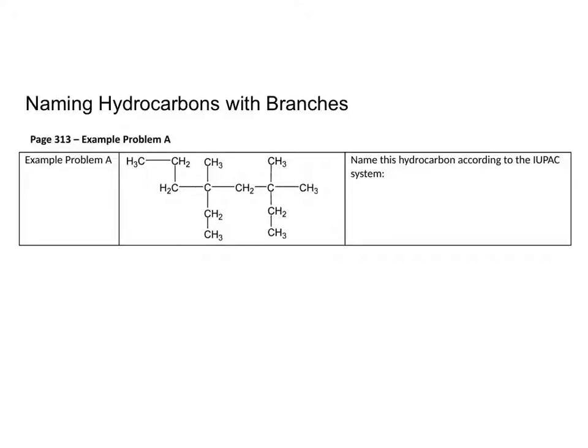So in this case, if I went 1, 2, 3, 4, 5, 6, 1, 2, 3, 4, 5, 6 again, right? Oh, I lied. Let's try that again. So 1, 2, 3, 4, 5, 6, 7, 8. It looks like 8 is going to be my longest continuous chain.